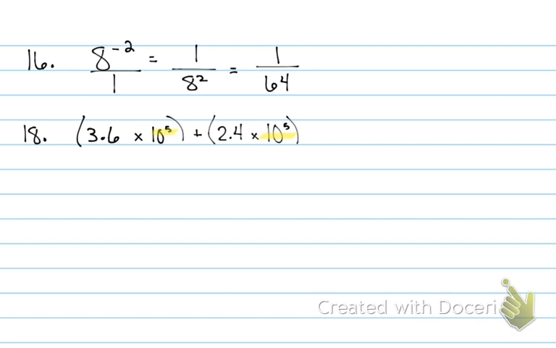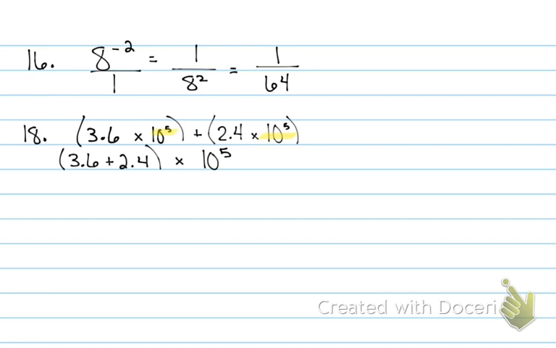Okay? So now that my exponents are the same, what can I do to simplify this scientific notation? I don't need to move any decimals. I can add my decimal values together. 3.6 plus 2.4, and then keep your common exponent.